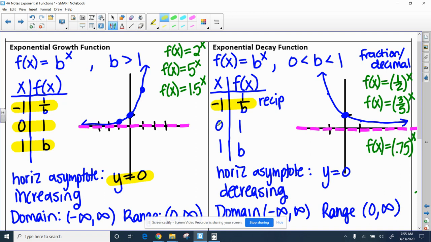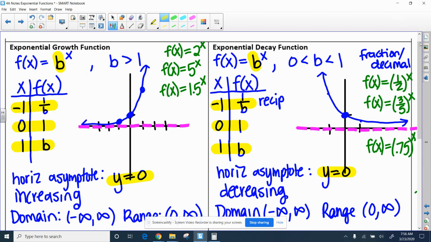The 3 points are the same, and the asymptote is the same as well. Our points are -1, 1 over b, 0, 1, and 1, b. And the b is coming from the base of whatever the function is. So the b is a number. And then once we do our transformations using those points, we can graph our new functions.